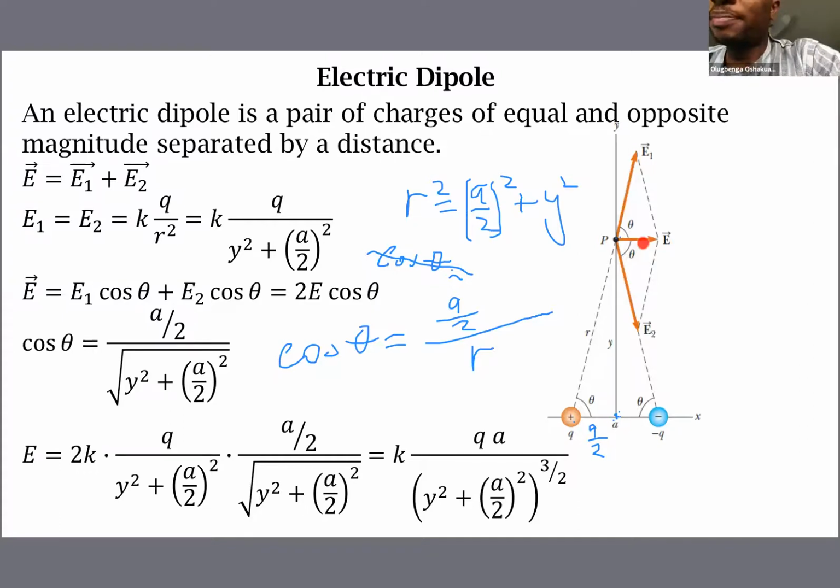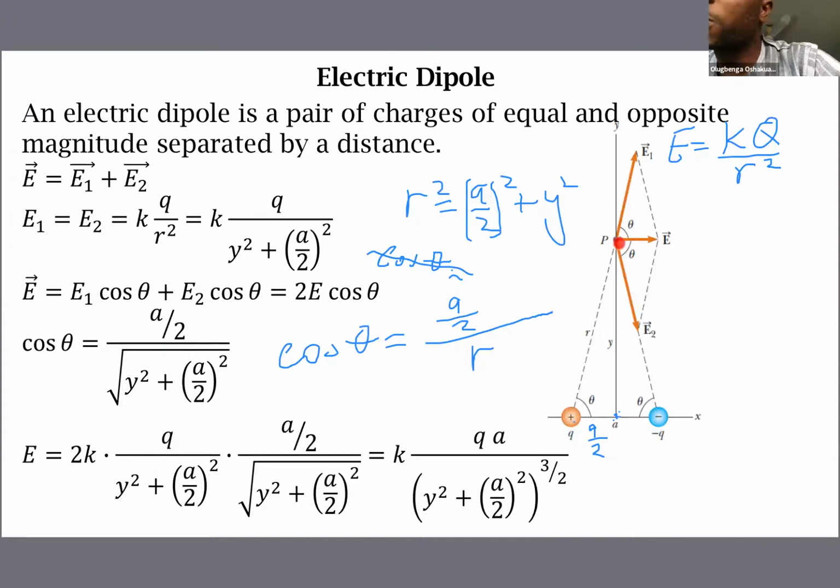So when we attempt to use the equations we have known before about electric field, E is equal to KQ all over R squared. Now we know our K to be fixed.